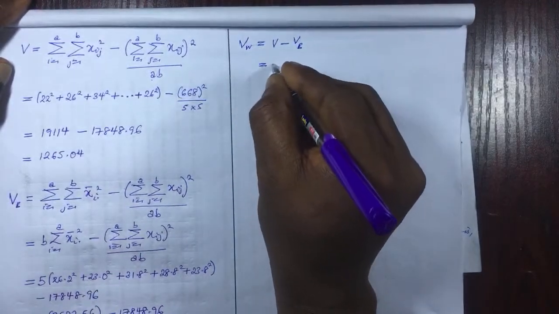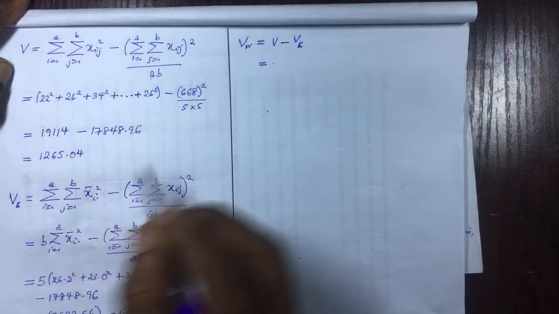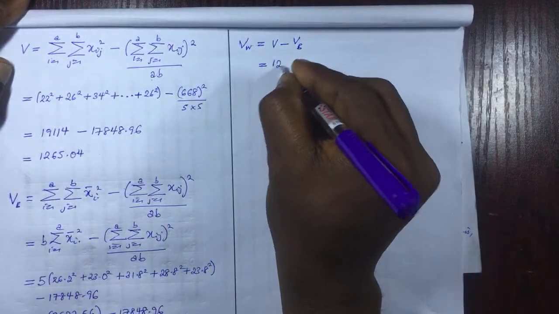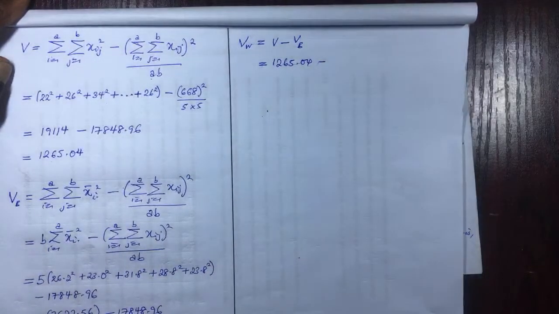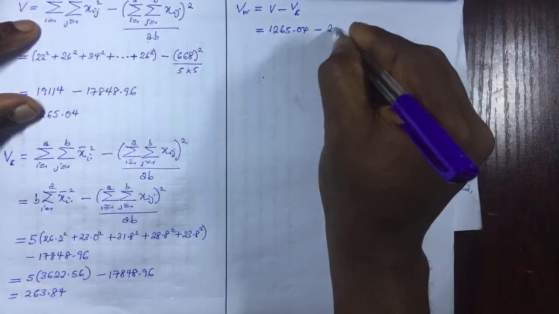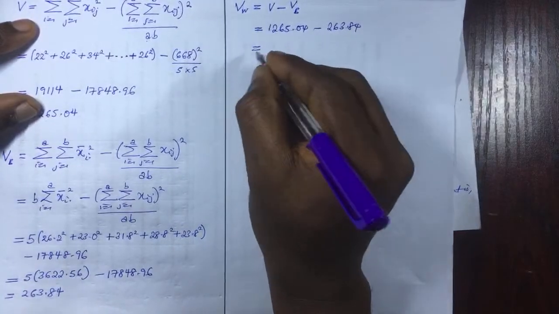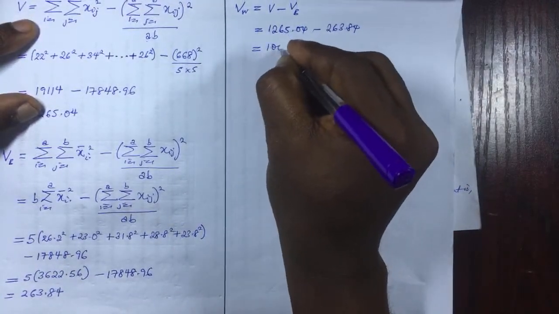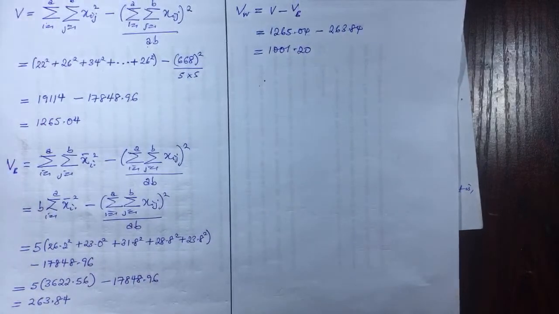So what did we get our V to be? Remember, we got our V to be 1265.04. So I'm going to bring here 1265.04 minus, what did we get our VB to be? We got it to be 263.84. So I'm going to subtract 263.84 from this value, and that will give me 1001.20. So that will be the value I get from doing that.